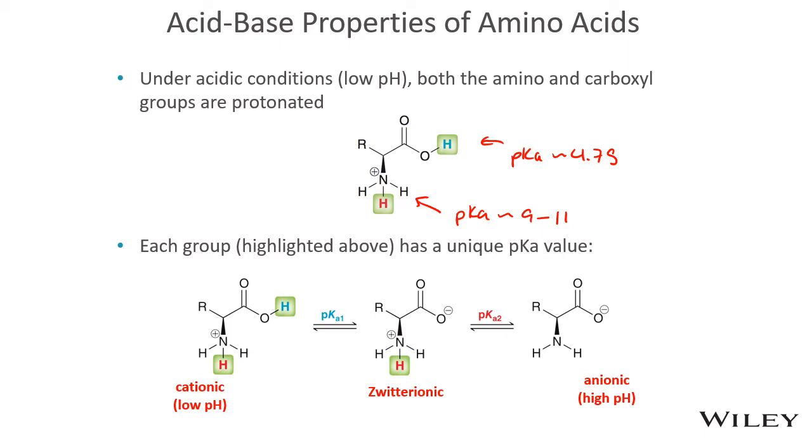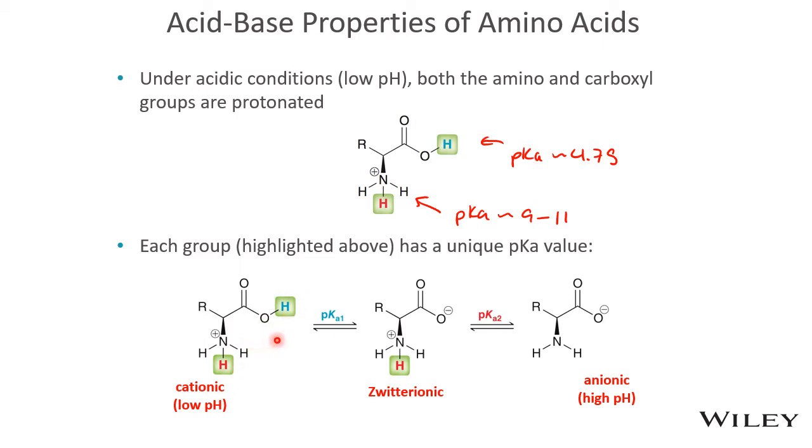So depending on the pH of the solution, we can have different versions of our amino acid. At a low pH, this is known as a cationic state for our amino acid. That is when we have both the amino group and the carboxylic acid protonated.